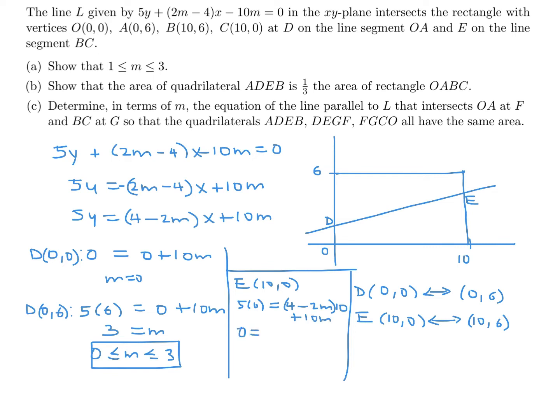So 0 is equal to 40 minus 20m plus 10m, and therefore 40 is equal to 10m. m is equal to 4.